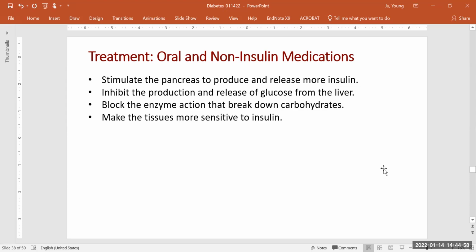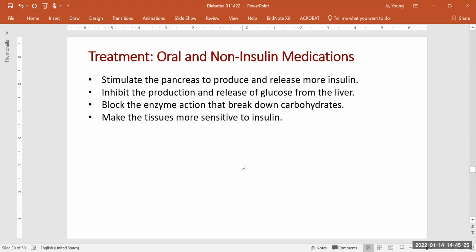Some medications block the action of a stomach or intestinal enzyme that metabolizes carbohydrate to glucose. Some medications make tissues more sensitive to insulin by increasing the number or sensitivity of insulin receptors. I guess many of you have heard of a drug named metformin.